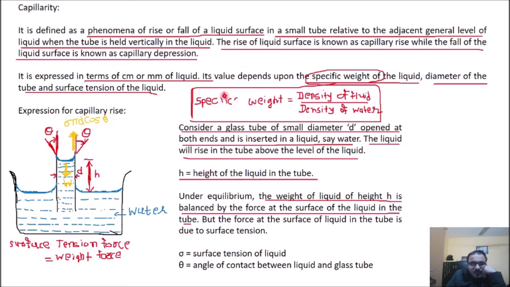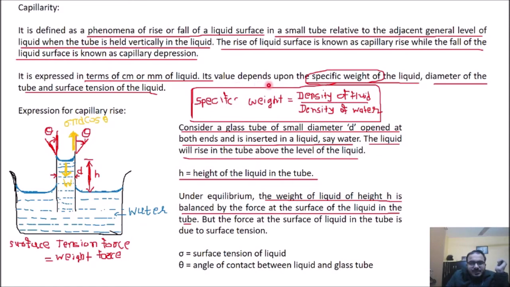So if there is a rise, then it is a capillary rise, and if it is a fall, then it is a capillary depression. Now it is denoted in terms of cm or mm of liquid.